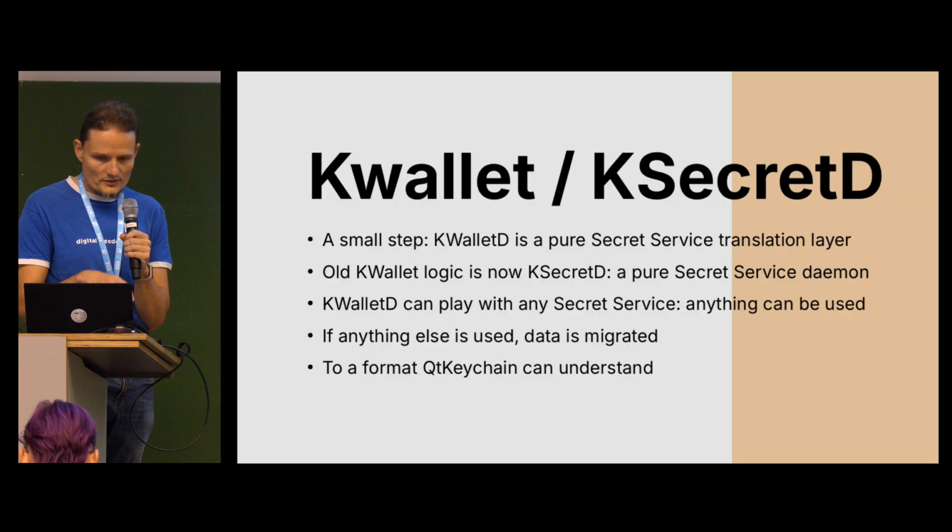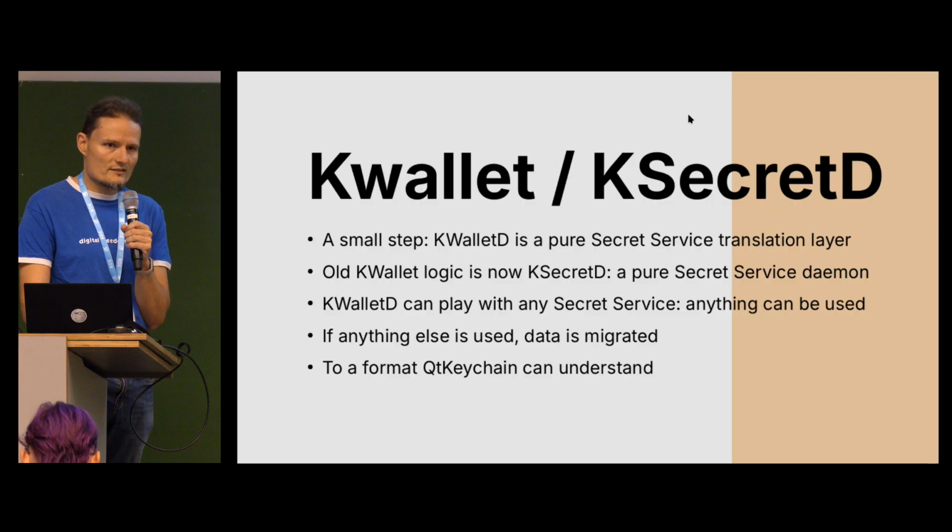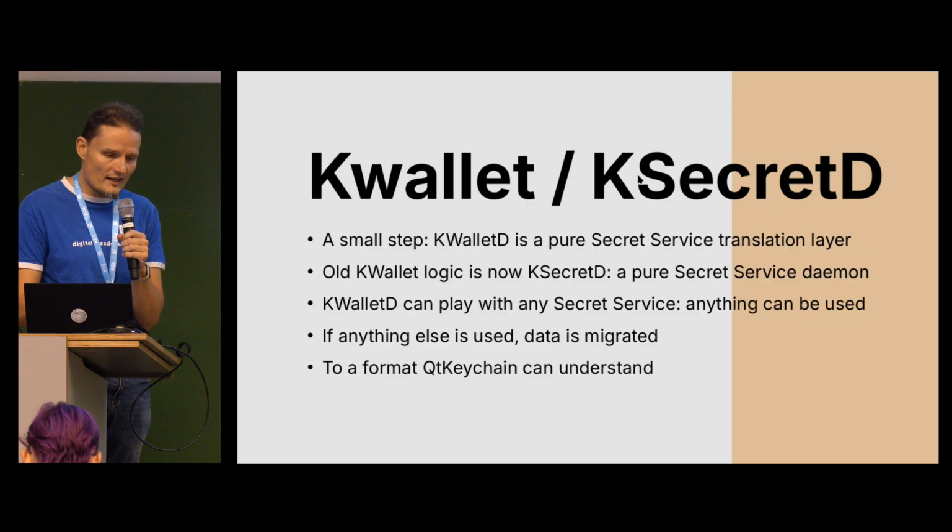It's not in a GUI yet, but it probably will be eventually. It enables the migration, so it will not start up the ksecretd part anymore. You are using KeePassXC or GNOME Keyring or whatever you want as your Secret Service provider.